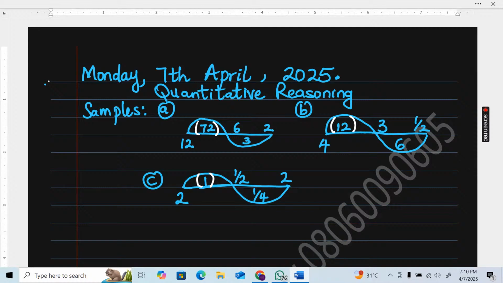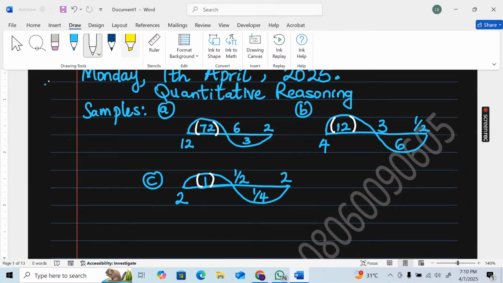Let's look at it. For me to figure out 72, I have to begin from the right side straight down to the left. Now, listen to how I am going to come down to 72 and figure it out. Please pay attention.